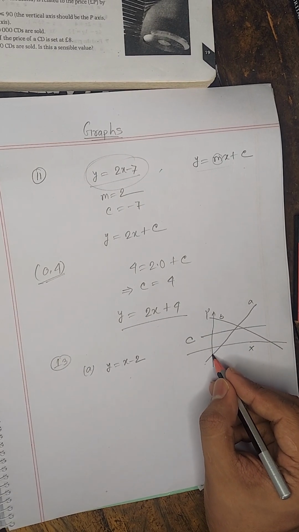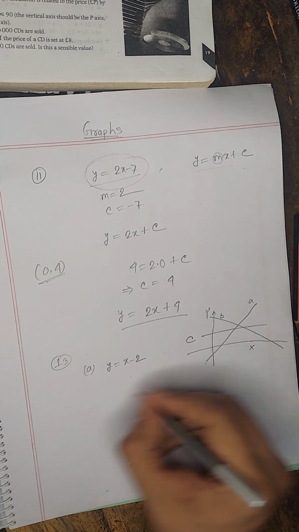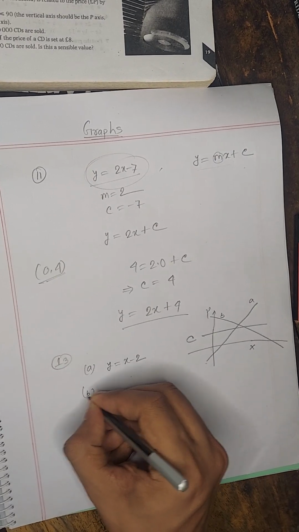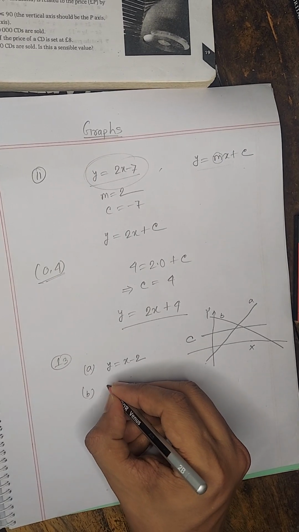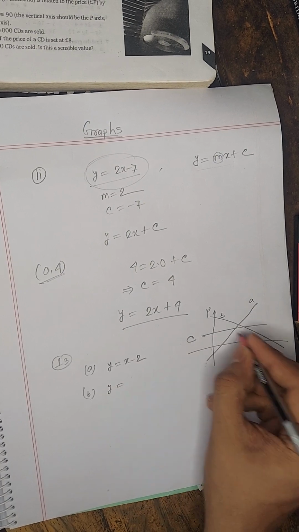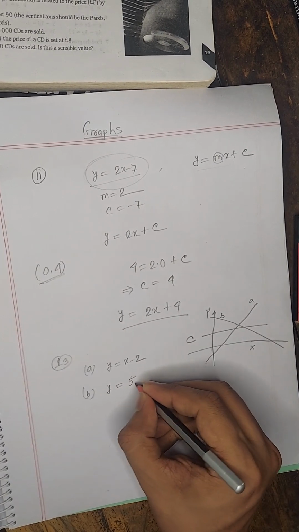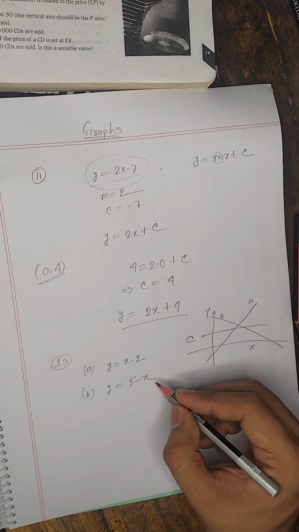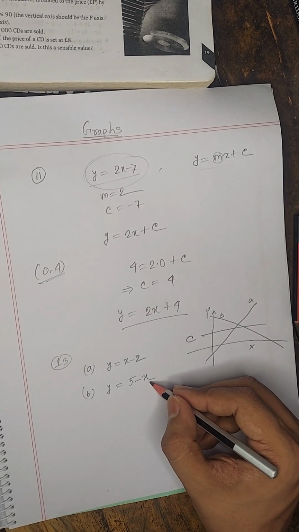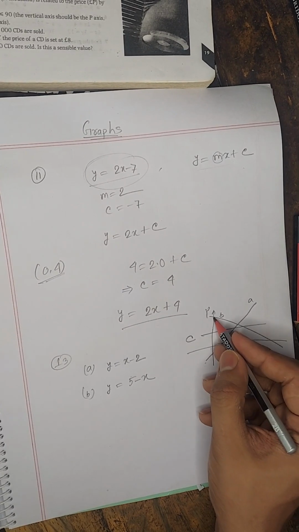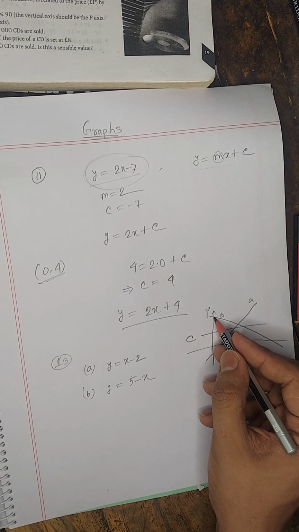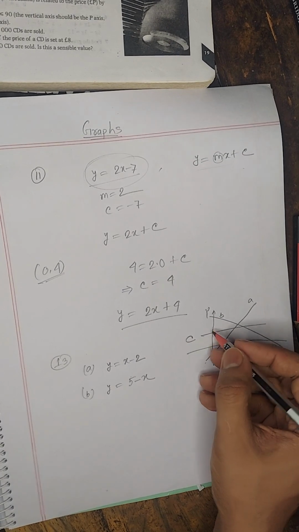So line a is y equal to x minus 2. Then second, line b will be y equal to 5 minus x, because if we put x as 0, the value of y is positive, so y equal to 5.